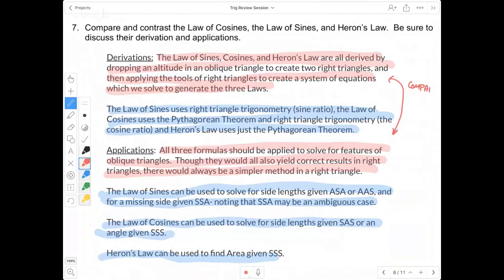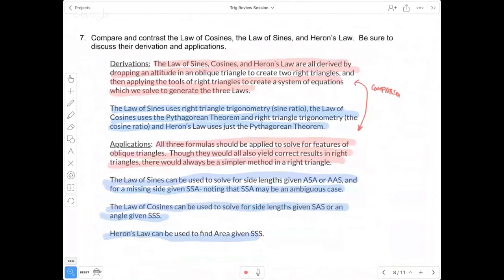Comparisons. That was poorly done. A little more space. Moose appears to be sad that ambiguous case is coming.